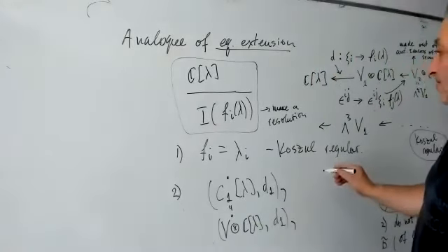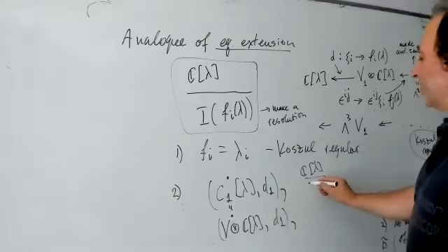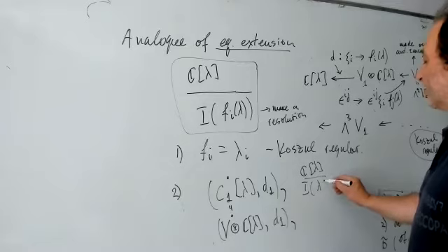And we will multiply it by C of lambda over the ideal generated by lambdas.